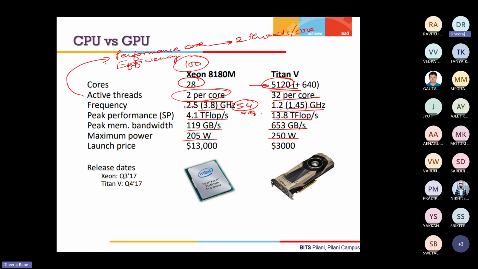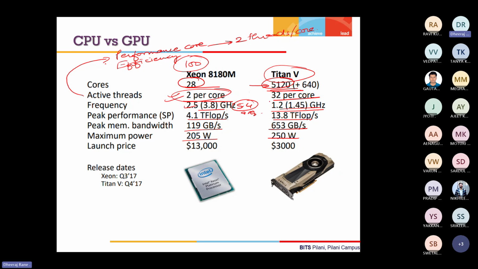So you can just have a look. I have taken only Titan V, I haven't considered the recent GPUs that are there, but you can see that the number of cores here is 28, here it is 5120. Threads, the hyperthreading that we have seen, goes to 2 per core, not more than that when it comes to CPU.